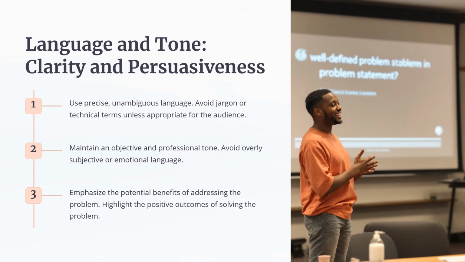Then the language matters, and the tone. The language and the tone matter in making sure that your readers and your stakeholders, people that are going to use the research, the report, the outcome of the research, find it compelling. So it must carry some level of clarity and persuasiveness. You use precise, unambiguous language, avoid jargons.